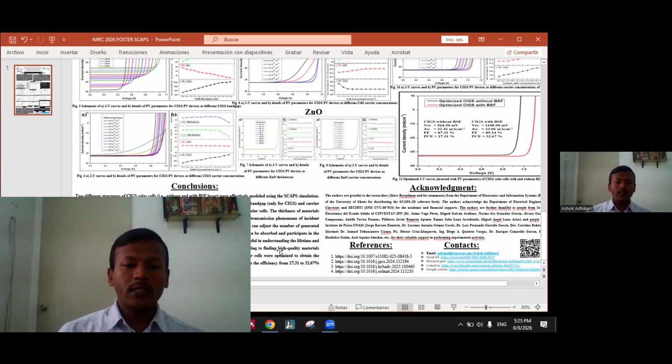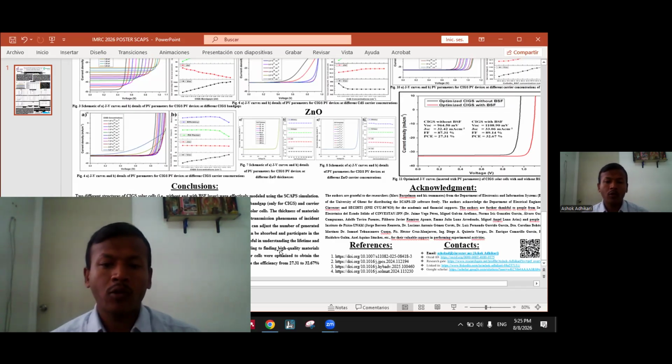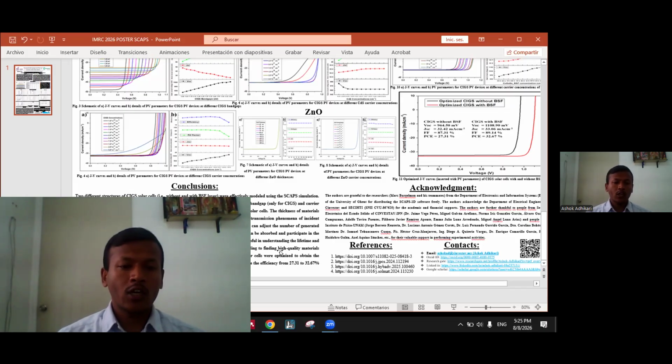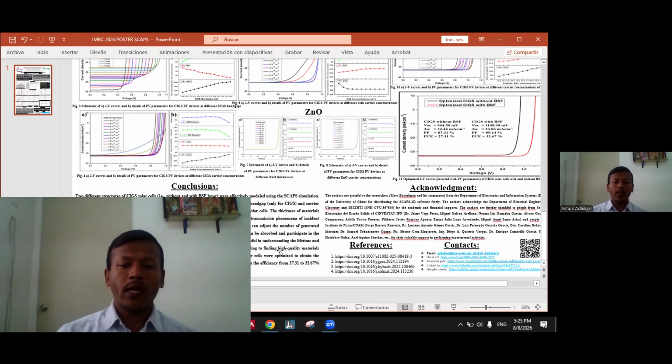The band gap can adjust the number of generated charge carriers, since photons with higher energy than the CIGS band gap can be absorbed and participate in the generation process. Moreover, the carrier concentration of materials helps in understanding the lifetime and diffusion length of generated charge carriers as well as their recombination mechanism, leading to high quality materials for solar cells.